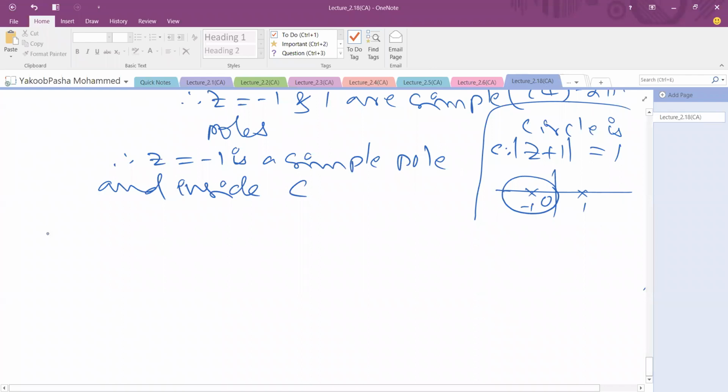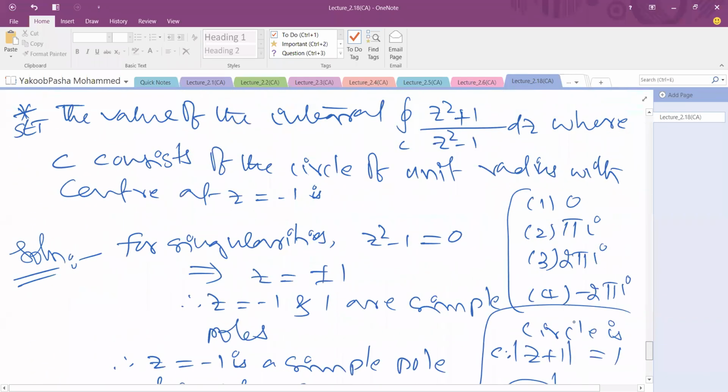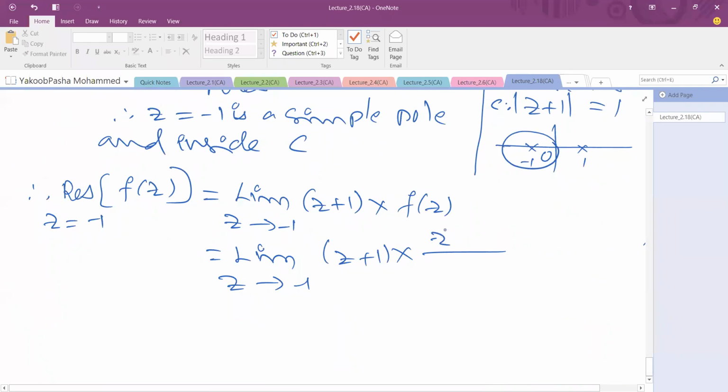Therefore, first we are calculating residue of the function f of z at z is equal to -1. That is equal to, it is a simple pole, means limit z tends to -1, z plus 1 into f of z. The function f of z is (z square plus 1) divided by (z square minus 1).